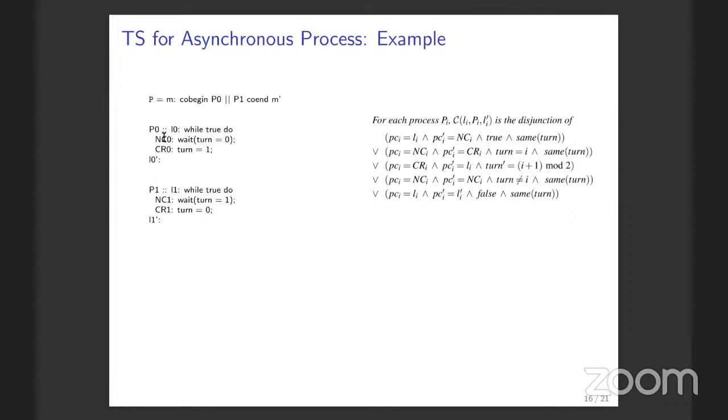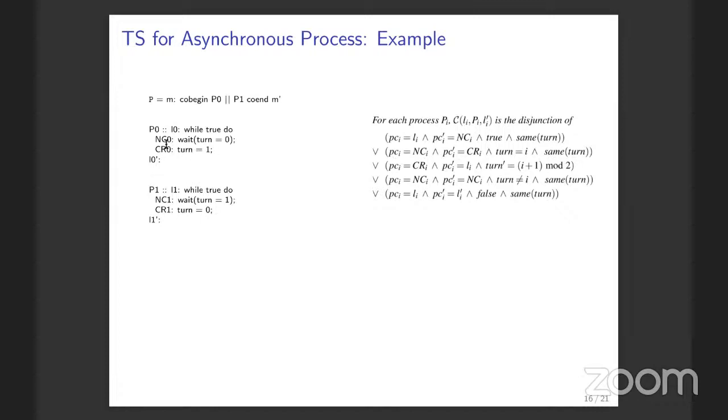There are two of them here, P0 and P1, and I've done it in a parametric way. So it can either be at Li, in which case you will check the while condition, and you enter the NC location.